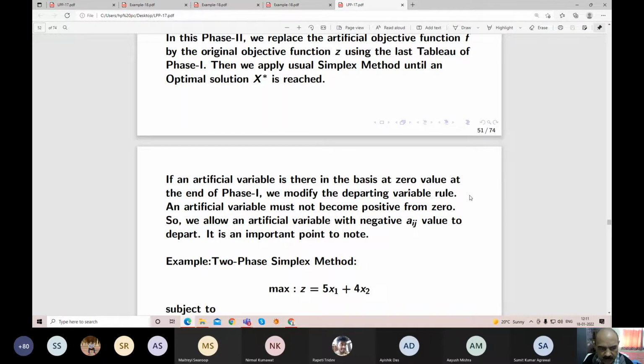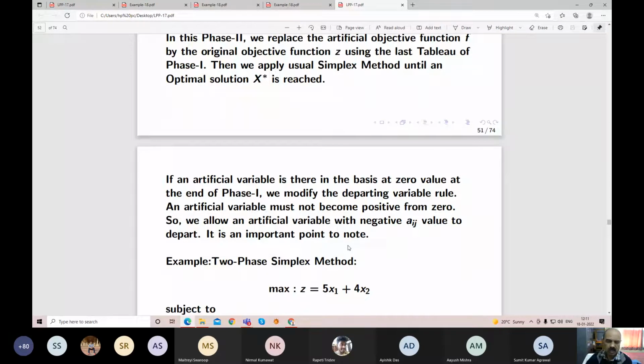How to modify? An artificial variable must not become positive from 0. That we want to keep in mind. Artificial variable has to be 0. It will never become positive from 0. So we allow an artificial variable with a negative value to depart. This is an important point to note.